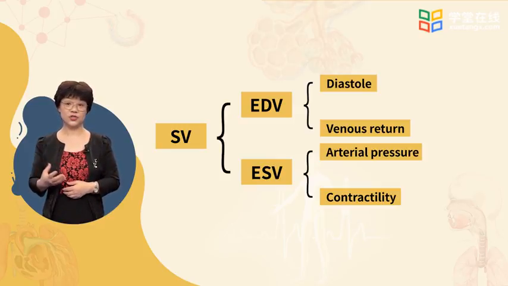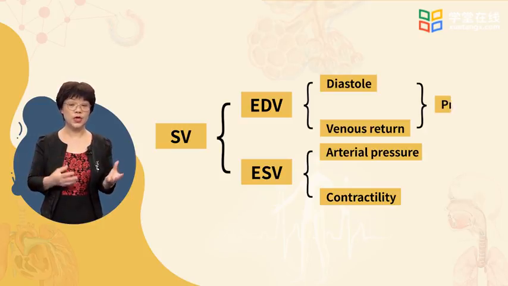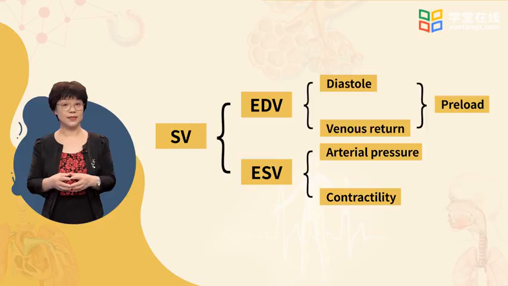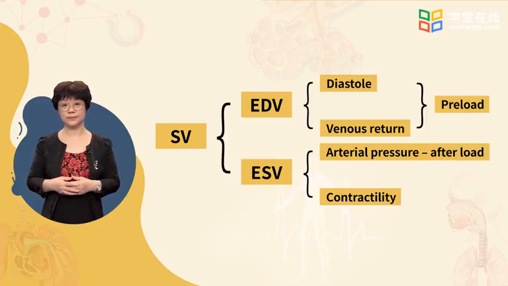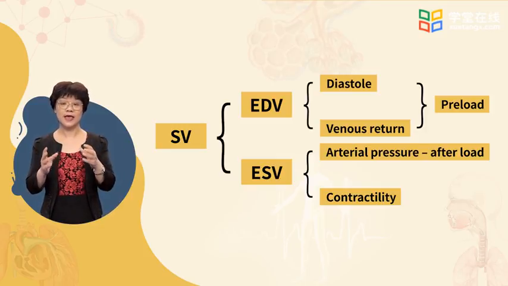Although many factors affect stroke volume by altering EDV or ESV, the most important factors are preload, contractility, and afterload. Preload affects EDV, whereas contractility and afterload modify the ESV.